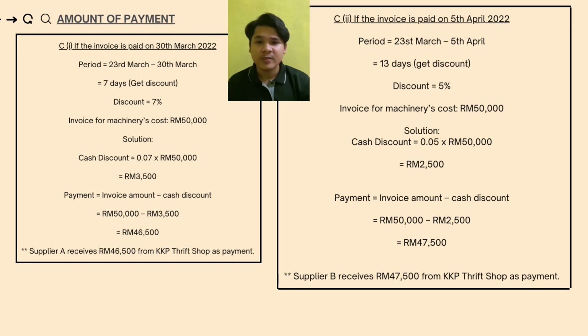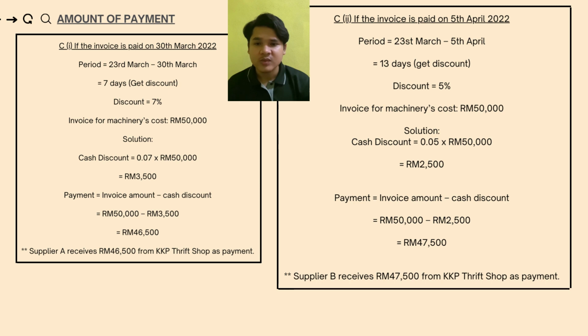For the amount of payment, if the invoice is paid on the 30 March 2022, for the period equals 23 March minus 30 March equals 7 days to get the discount. For the discount equals 7%, invoice for the machinery cost equals 50,000 ringgit. For the solution on this question, for cash discount equals 0.07 multiplied by 50,000 ringgit equals 3,500 ringgit.